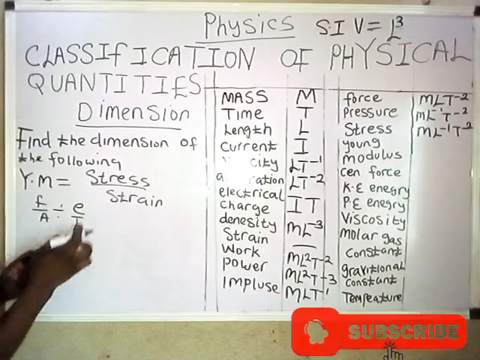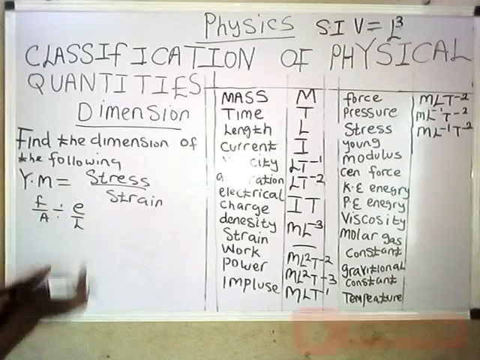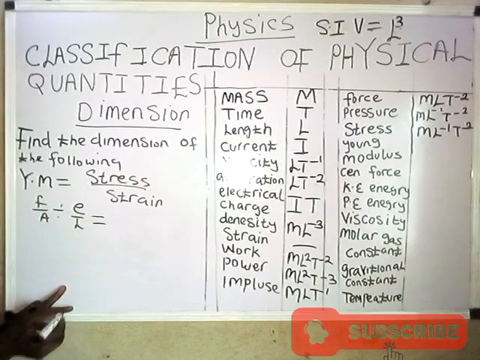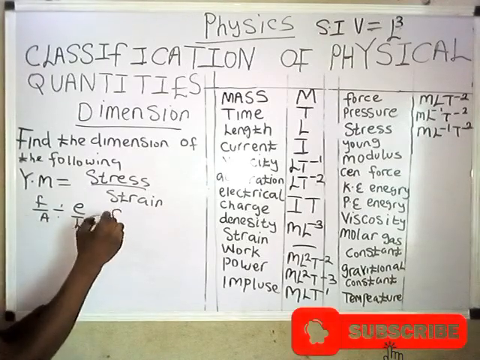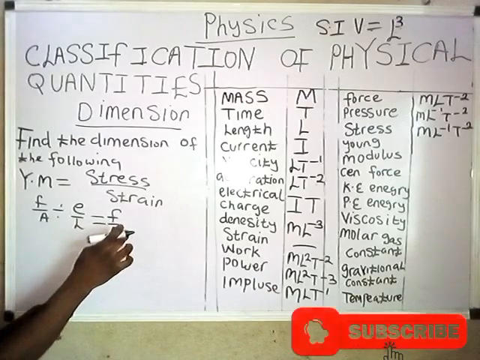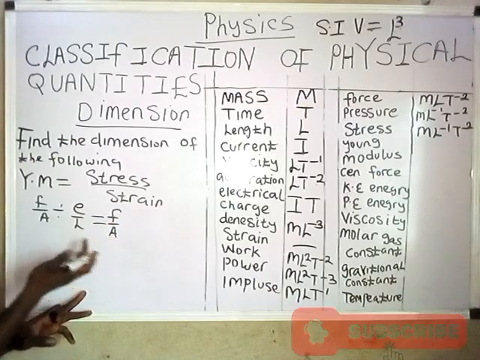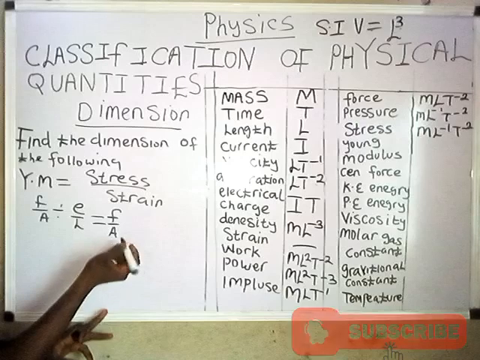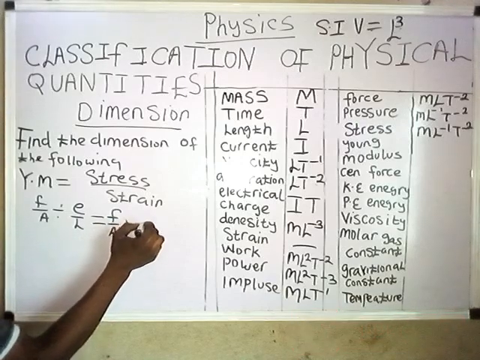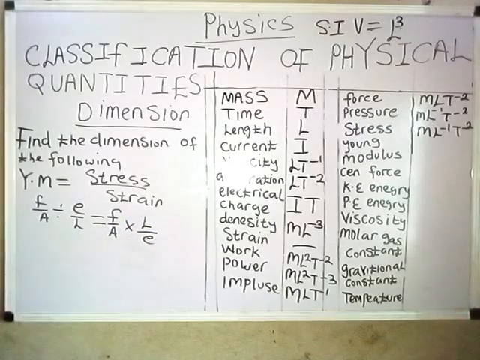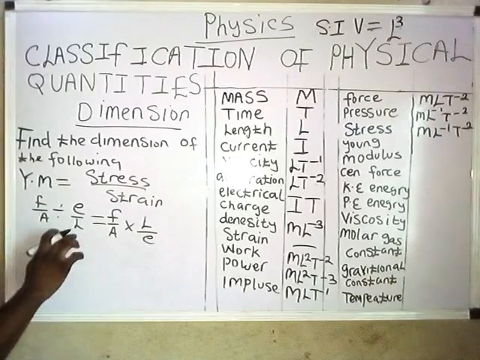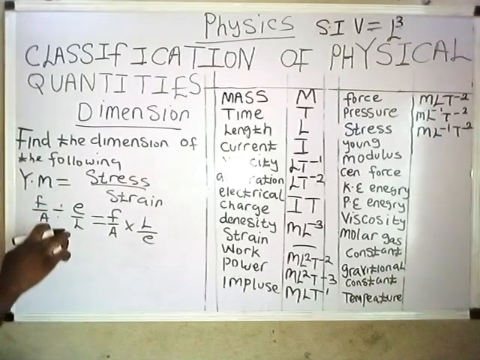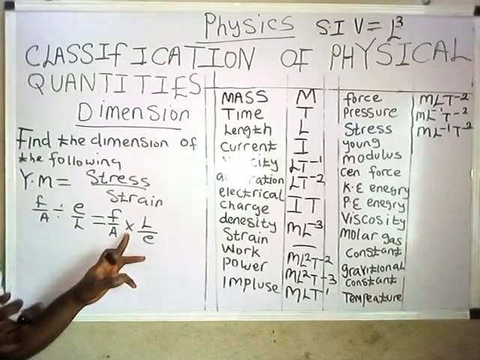So if we reverse this in a fractional way, it will be F over A times L over E, because to solve this properly you have to reverse the fraction and put a multiplication sign.